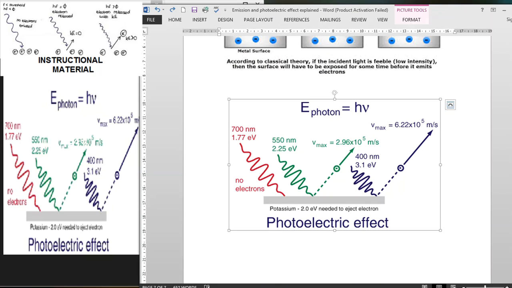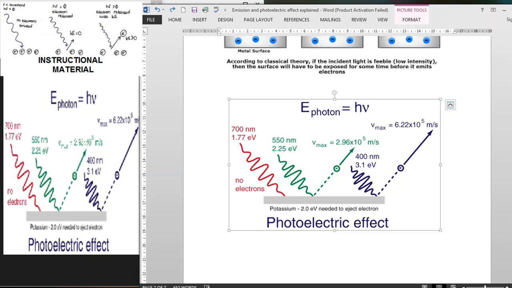Like we can see, red light does not give any emission. So no electrons are emitted when the light is red. If a red light falls on the metal surface, no emission occurs. While when a green light falls on a metal surface, electrons are emitted at a maximum velocity of 2.96 times 10 raised to power 5 meters per second.